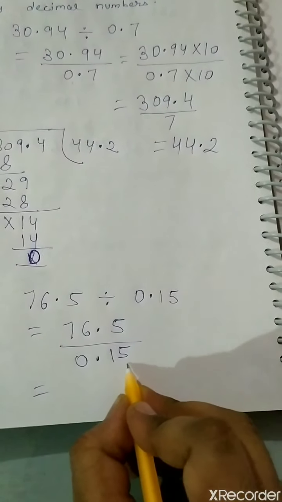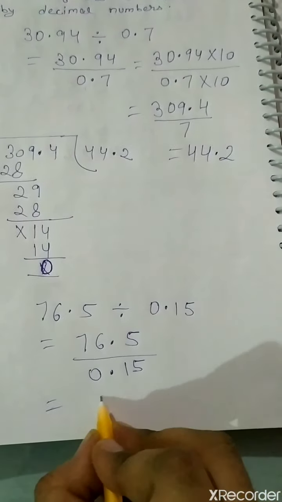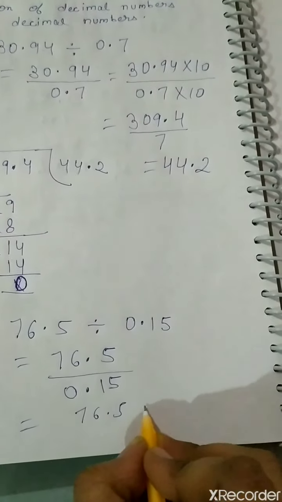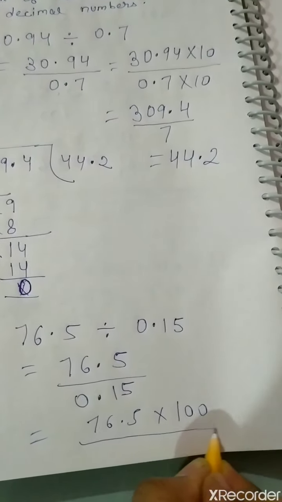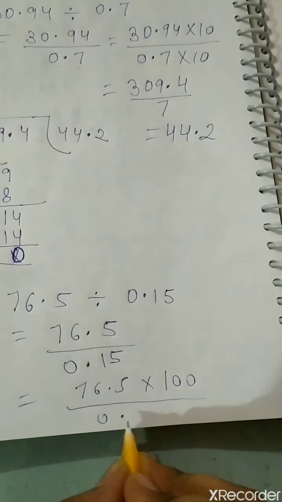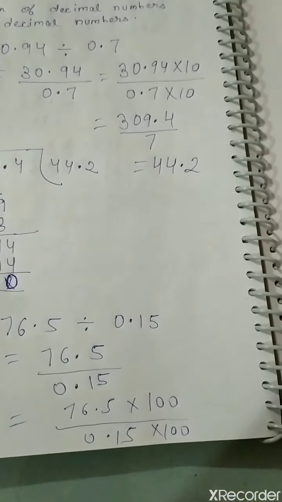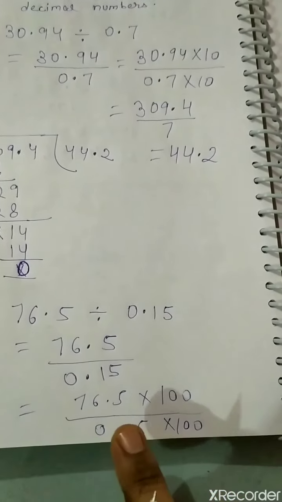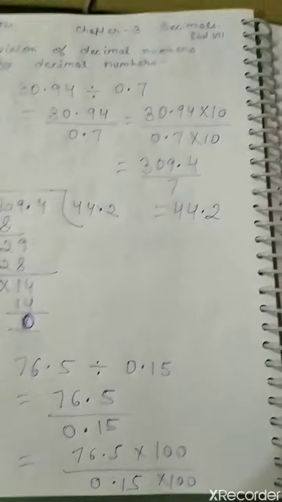To convert this denominator into a whole number, you will multiply with 100. So 76.5 into 100, and at the denominator also 0.15 into 100. Then the result will be 15 downside, upside 7650.